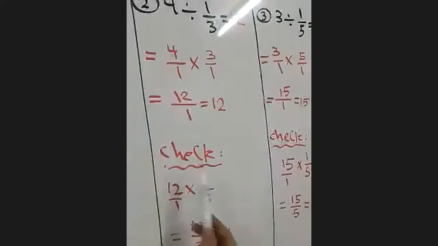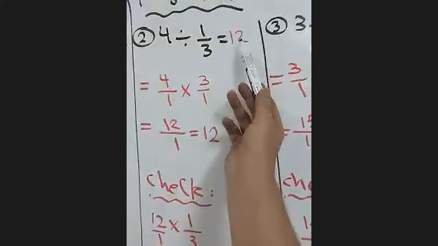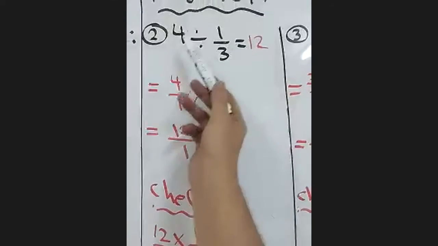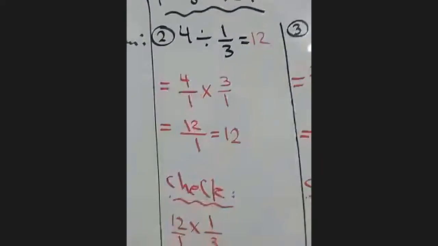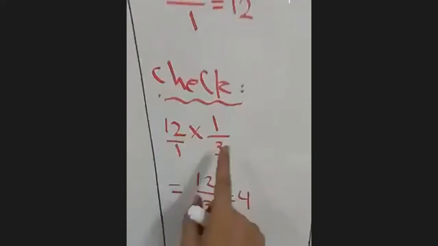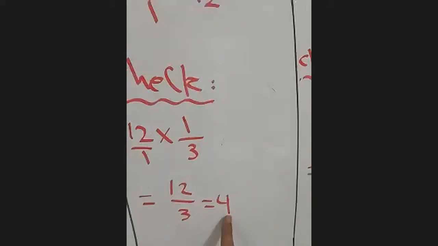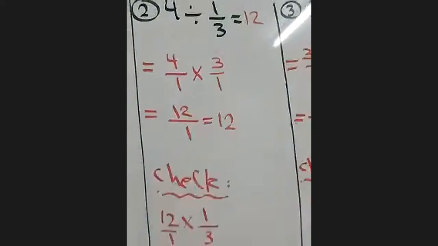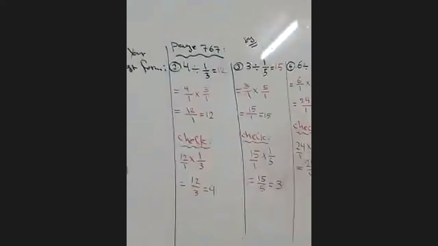To check our answer, the quotient multiplied by the divisor should be equal to the dividend. If you multiply and the answer is not 4, for example, in this one, it means your division is wrong. You missed something here.